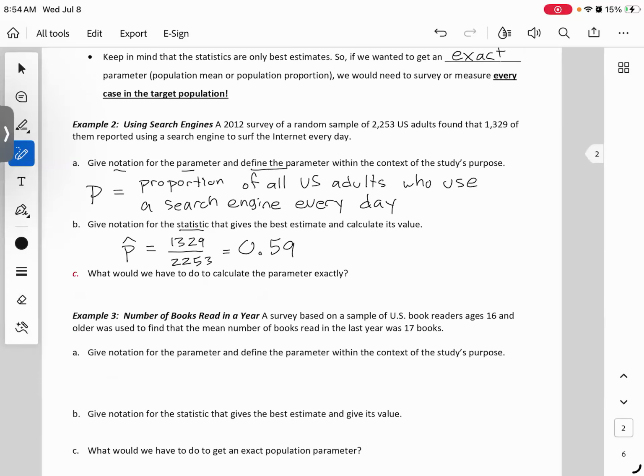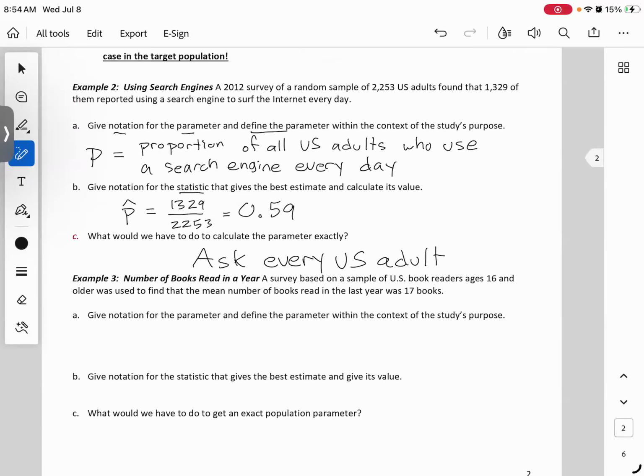That's usually what you'll see on some of these homework problems: if we wanted to get exact and it wasn't just a guess, you would have to go and ask or talk to every US adult. But again, that's going back to the big picture. Not everybody has the ability to go and do their entire population. So plan B is work off of just a sample of people.